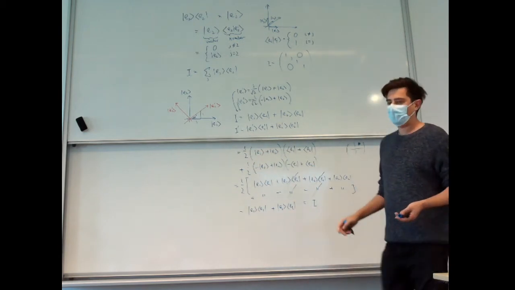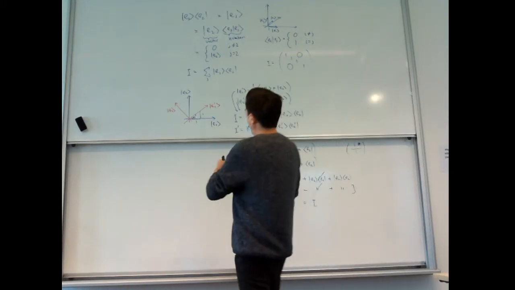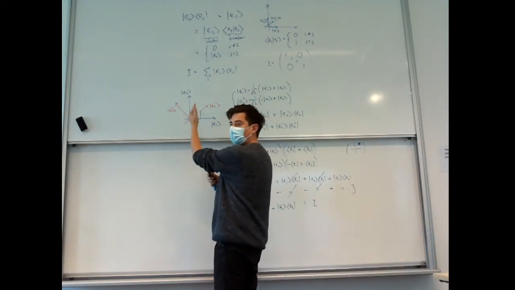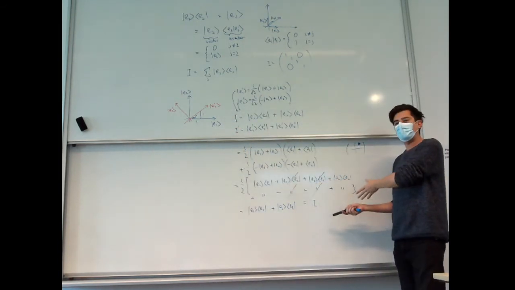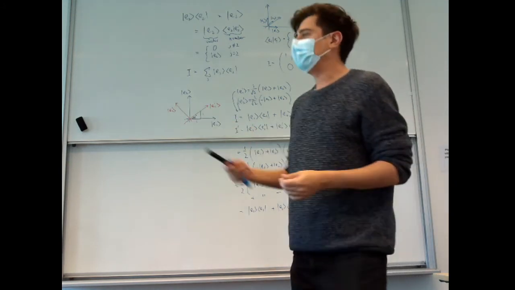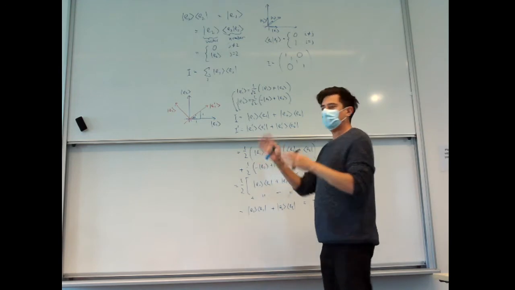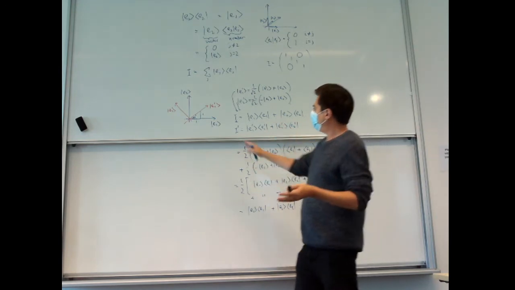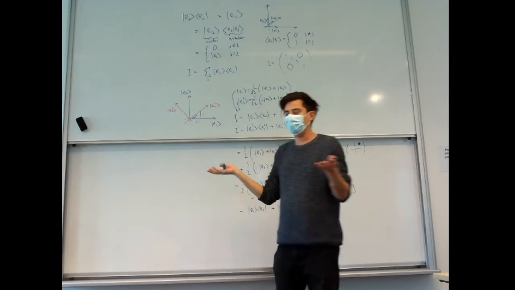Okay, so that was just a simple example. I could have taken any angle here actually, and I would still give the same result. So there's a special property of this matrix. It basically doesn't matter what basis, what coordinate system you take. It's the same matrix.